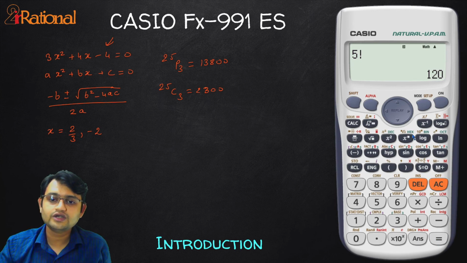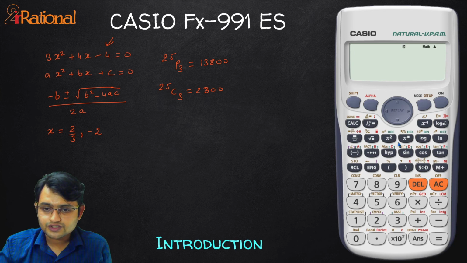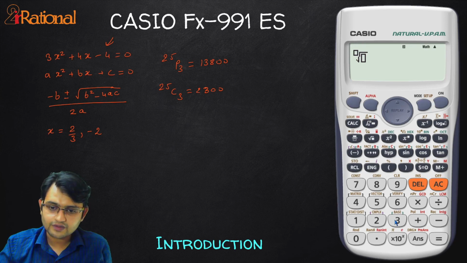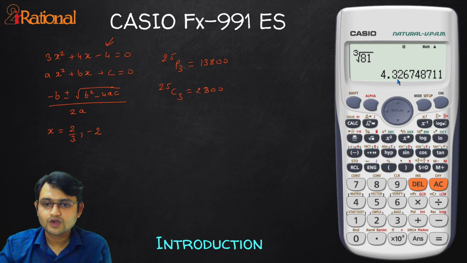Here, if you want, let's say third root, fourth root, what you can do is press shift and press this button, and you can see you have root. So I'll put third here, 3, and let's say I want third root of 81. If I press equal to, I am getting 4.32, because I think the fourth root of 81 is going to be 3.